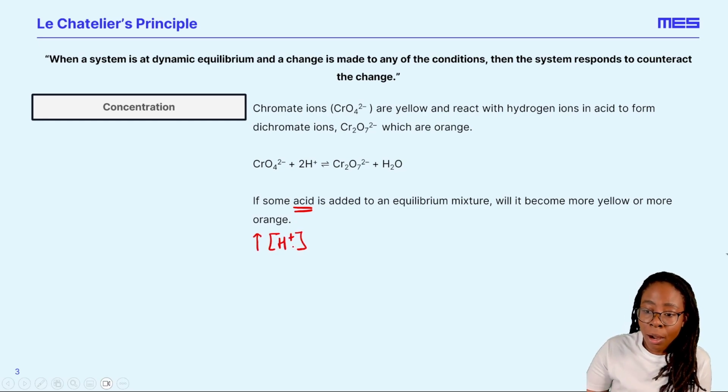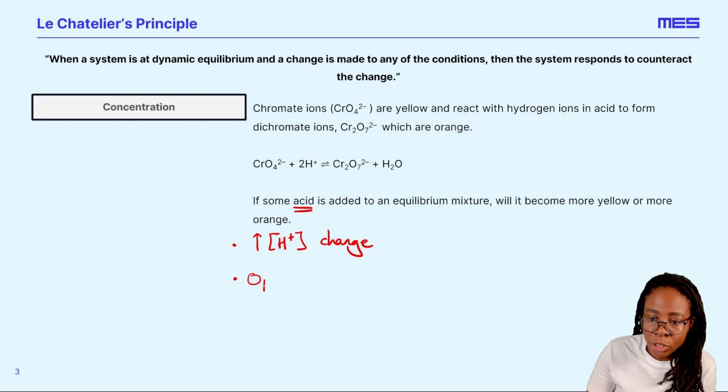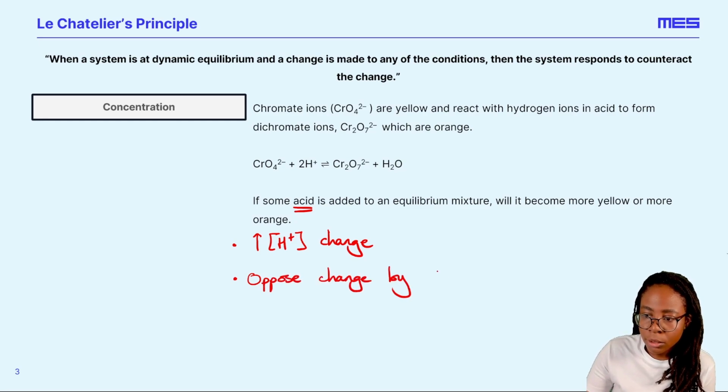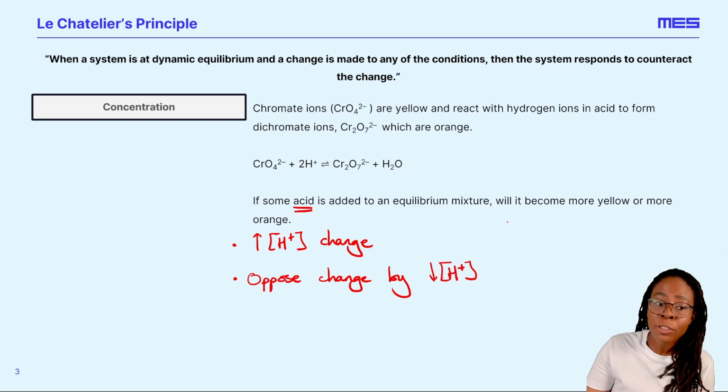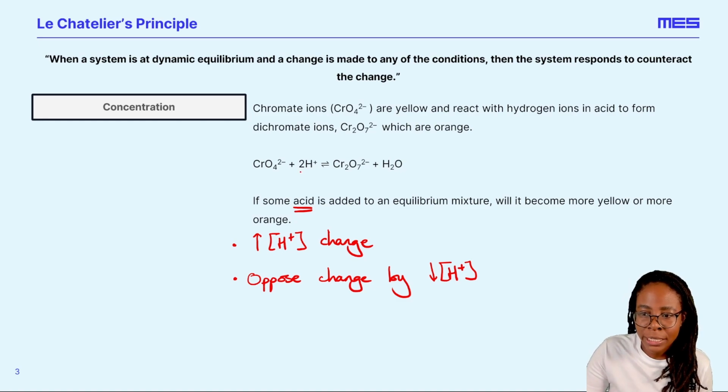Now, if we are increasing the H plus concentration, this is our change, then what's the system going to try to do? It's going to try to oppose that change. How does the system oppose the change? Well, it must do that by decreasing the H plus concentration. It's got to do whatever the opposite is. Now, how is the concentration of H plus going to decrease?